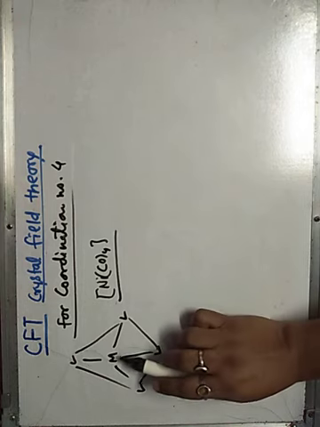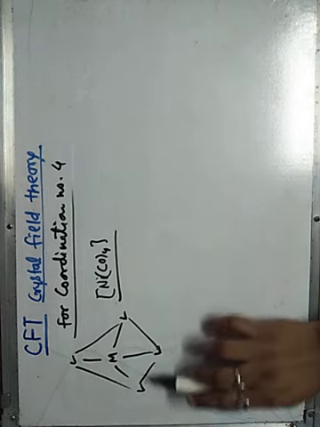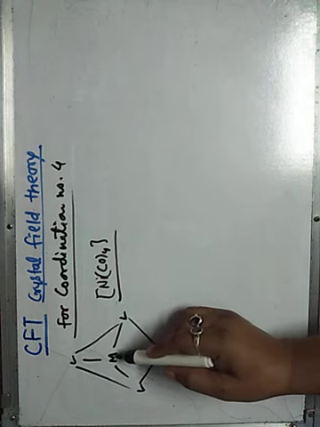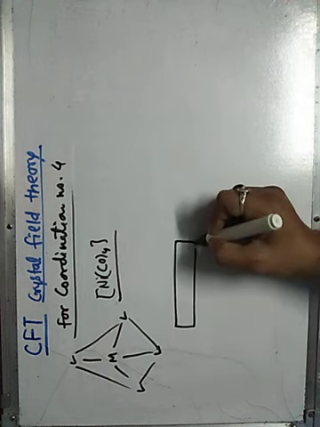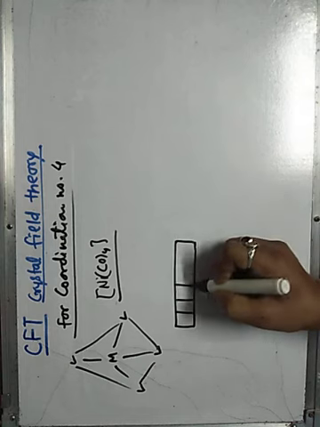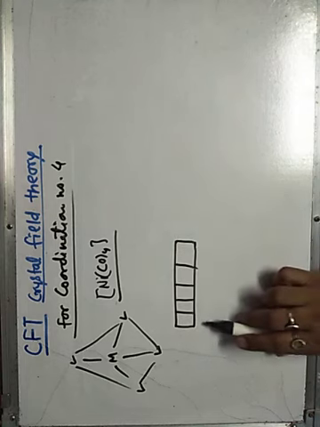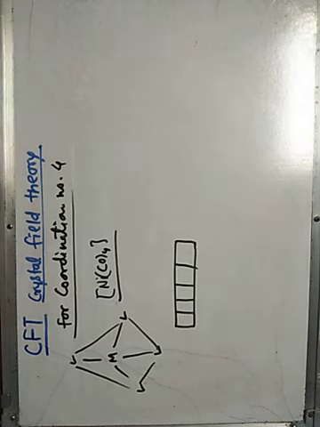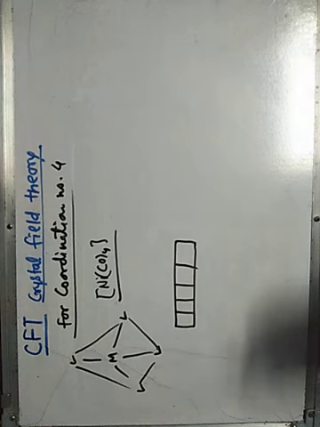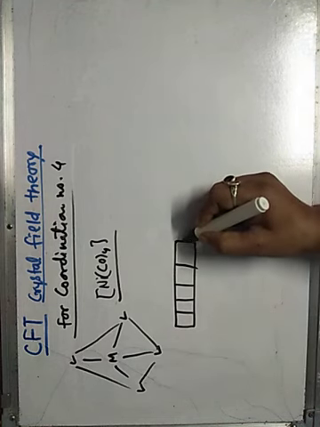You see the central metal ion surrounded by 4 ligands, then no doubt the d orbitals of the central metal ion, which are mentioned here, similarly dxy, dyz, dzx, dx square minus y square, dz square, right? And the 4 ligands are there.